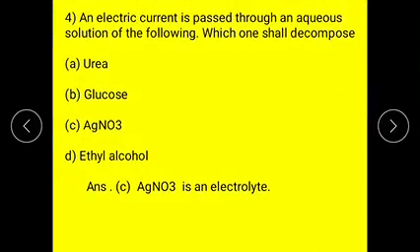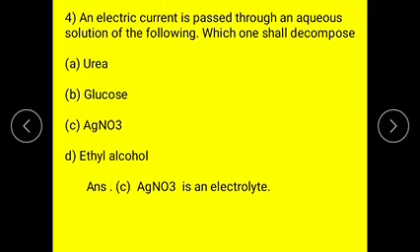Question number 4. An electric current is passed through an aqueous solution of the following. Which one shall decompose? A. Urea, B. Glucose, C. Silver nitrate, D. Ethyl alcohol. The right answer is silver nitrate.